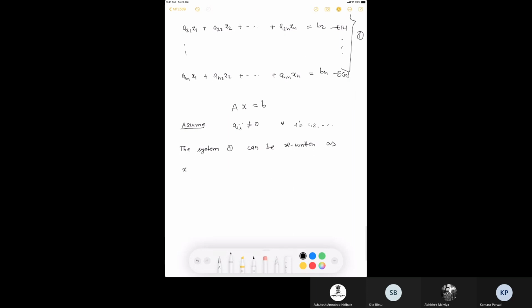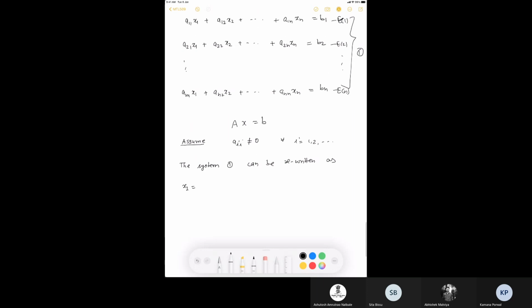So I will have X1 as B1 divided by A11 minus A12 divided by A11 X2 minus A13 divided by A11 X3, and the last term is going to be A1n divided by A11 Xn.